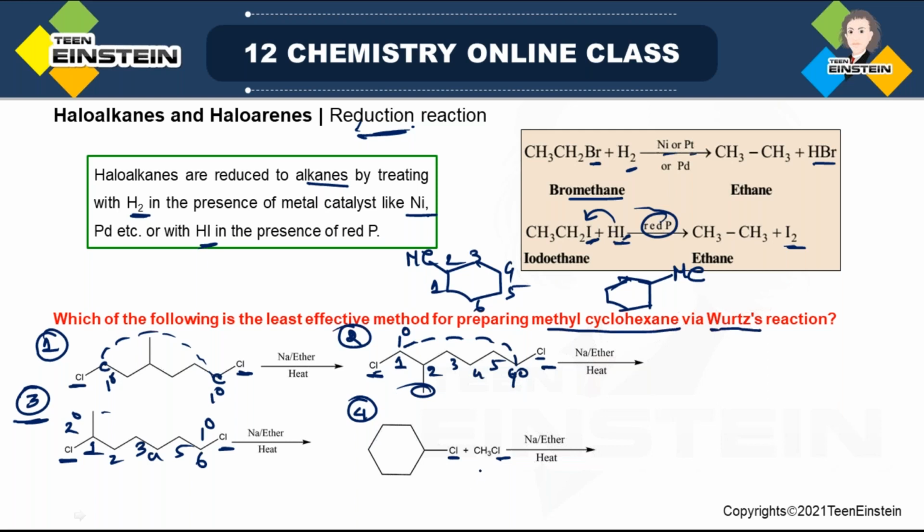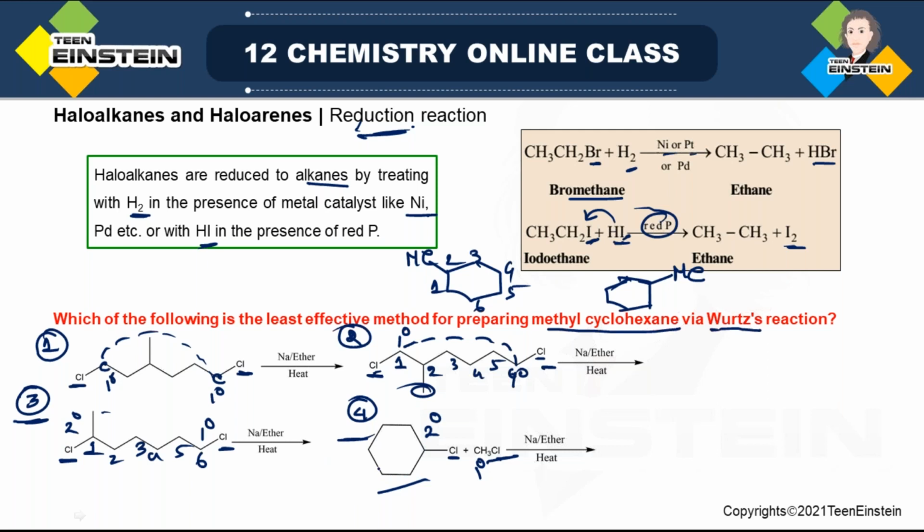Okay. And in the last case, now this is not intramolecular. So these two molecules are individual, they have to come close to each other, then only is the reaction possible. And here another problem is, this is 1 degree, fine, but this is also 2 degree. But in options 3 and 4, in both cases 1 carbon is 2 degree, that is the common point.